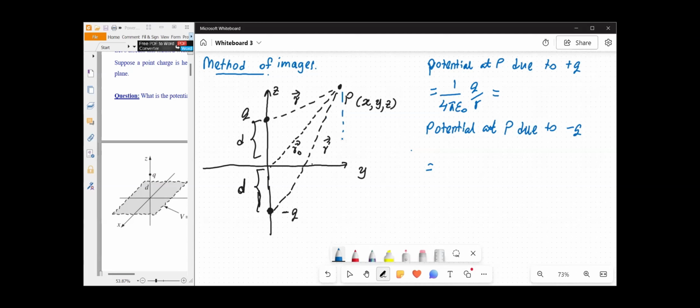So this distance is z, and the distance from the point we are interested in to this point will be z minus d. So you know how to calculate the magnitude of a vector. So calculate these two for the potential at point P due to plus Q and potential at point P due to minus Q.